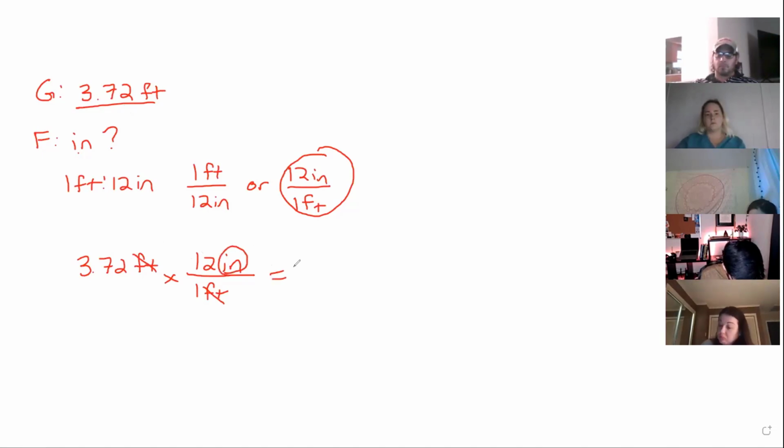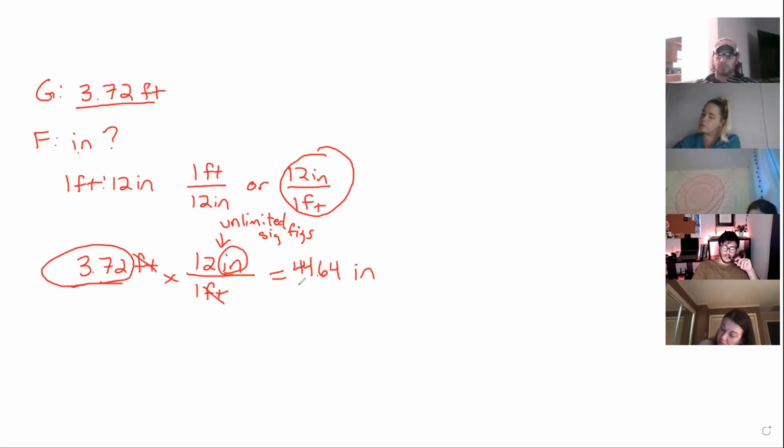The unit that's left is inches, and my number is 44.64. I only get to honor 3 sig figs. Remember, conversion factors have unlimited sig figs. So we go with the given piece of information, which is 3 sig figs, and we get 44.6 inches.